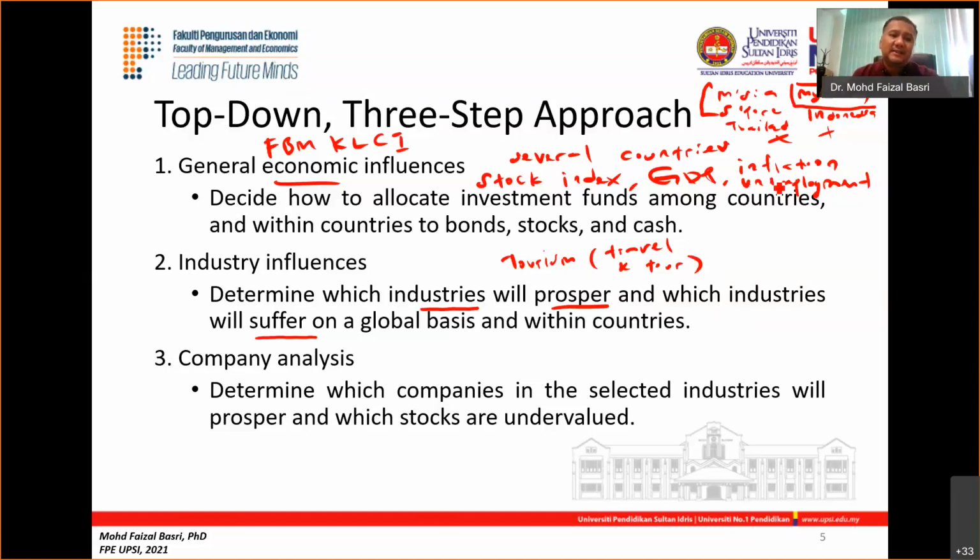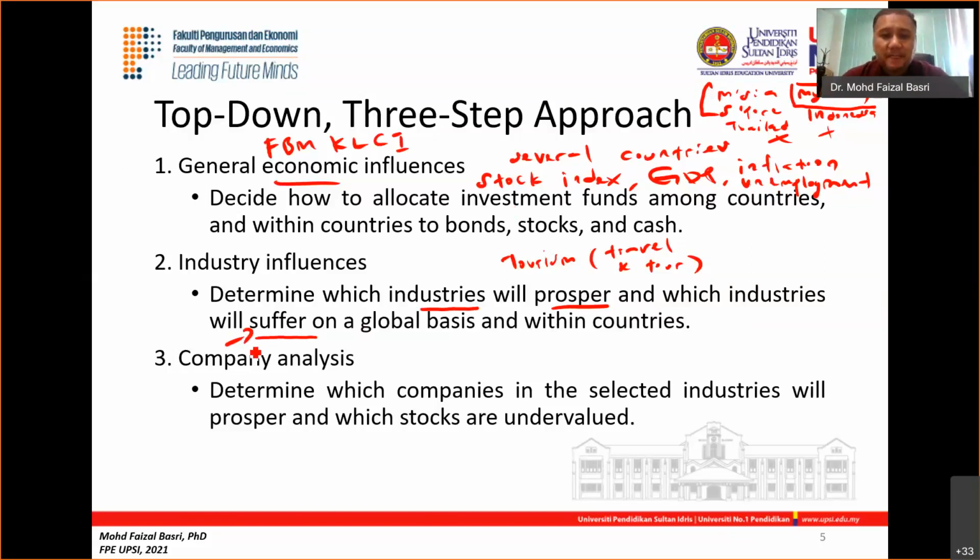Even though nowadays they start to open up a bit, especially for domestic tourism, we still cannot accept many people from outside. Compared to prior to the pandemic, when we had millions of people coming into our country, after the lockdown we totally limited the tourists. So tourism will be in this category.